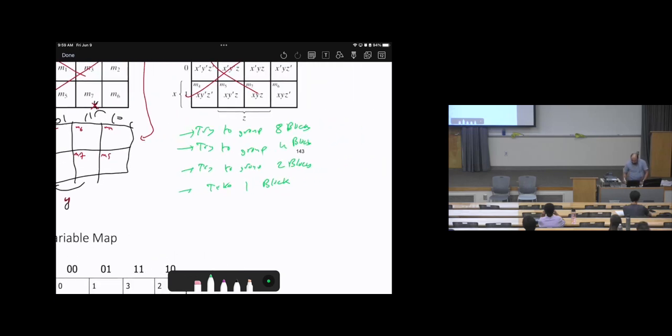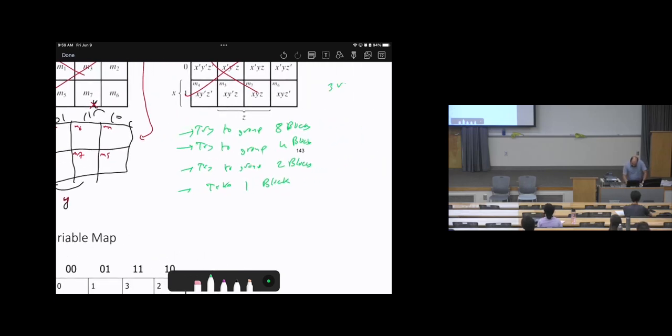Okay? So we have 3 variables. Why are we using 8, 4, 2, 1? Because this is 2 power 0, 2 power 1, 2 power 2, 2 power 3. That's why we cannot try to group 6 blocks, because it needs to be in terms of 2 power something.